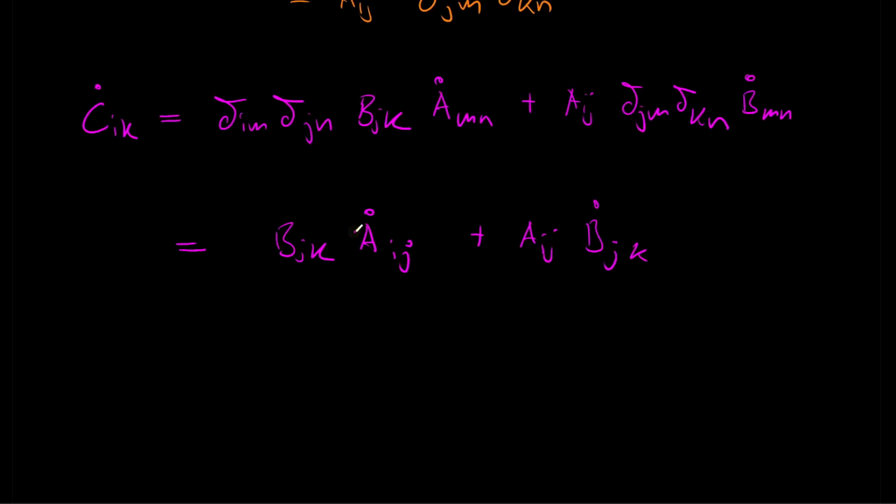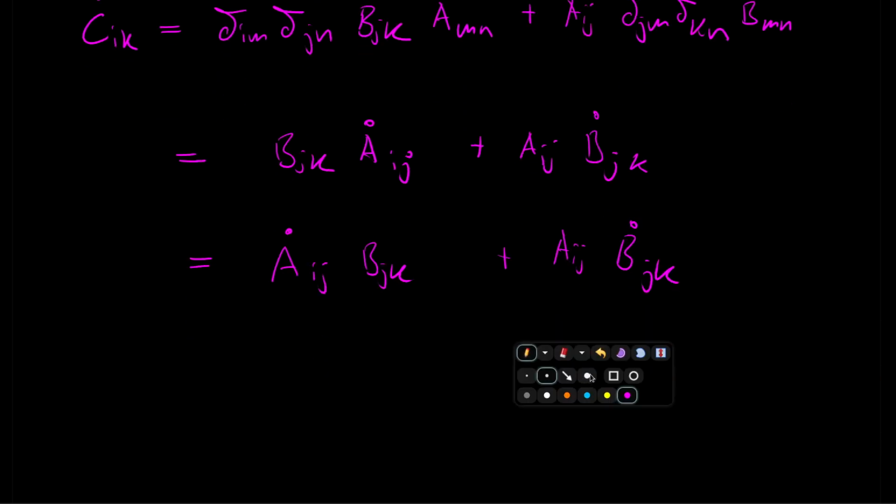And let me just swap the order here so that we have the indices over which we contract in a similar fashion as in the original matrix multiplication. So we have A dot index ij times B_jk plus A_ij times tangent B_jk.